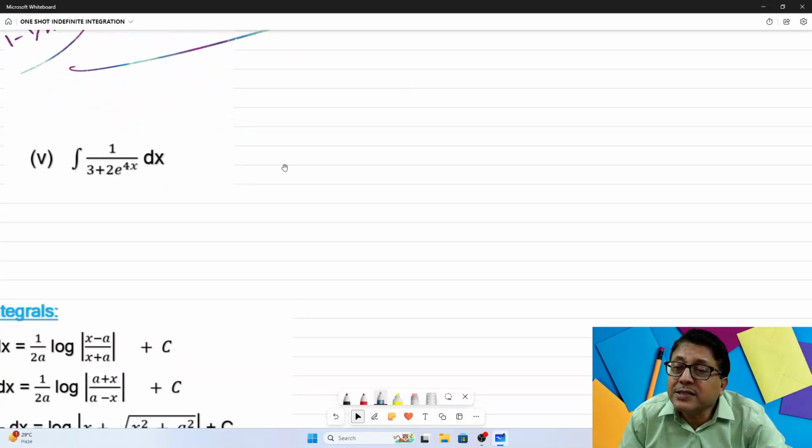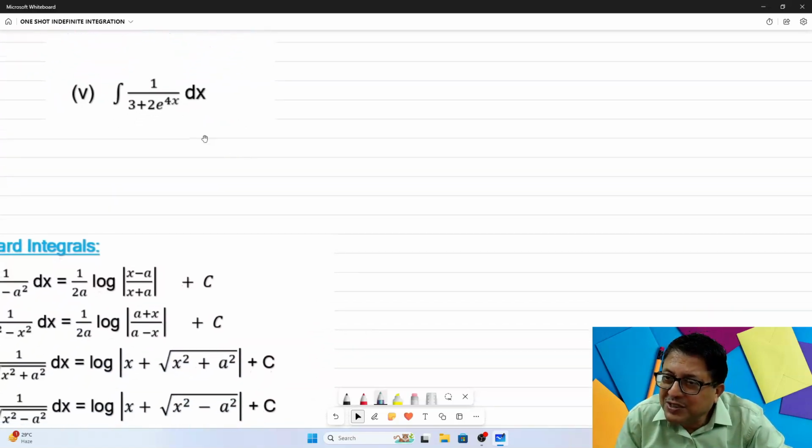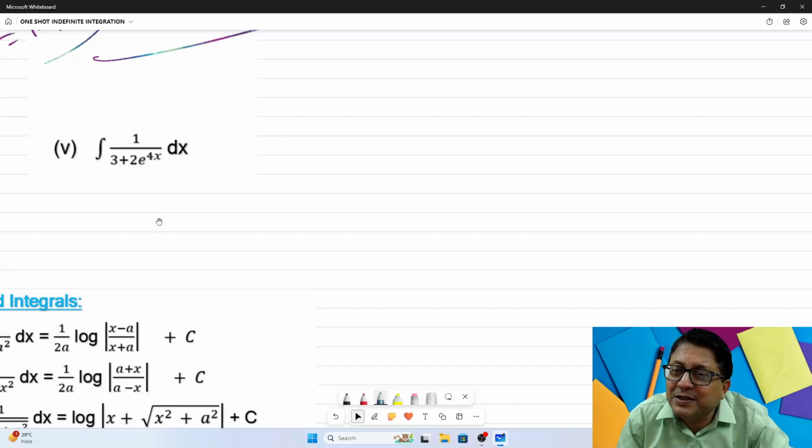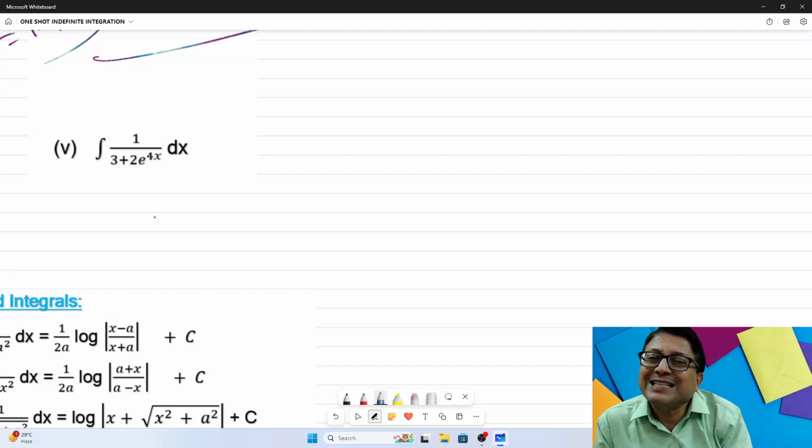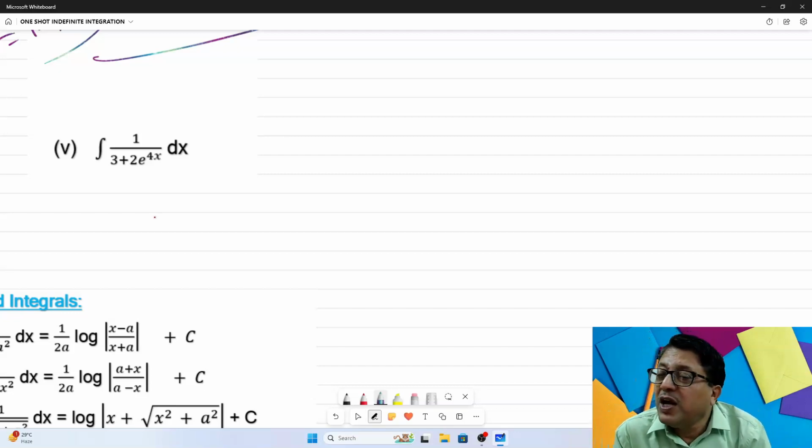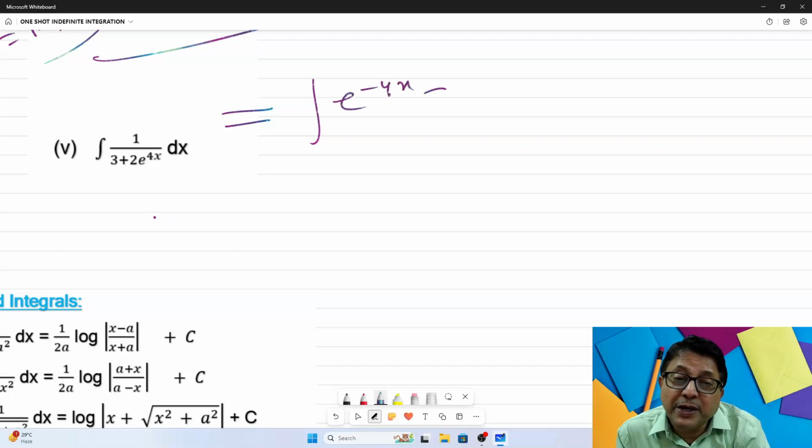Next one is a brilliant sum, because e to the power 4x given over there, it will not make you get the sum easily. It is not log form. I need the derivative of this thing in the numerator. I will never get it. So what I am going to do there, I am multiplying numerator and denominator by e to the power minus 4x.